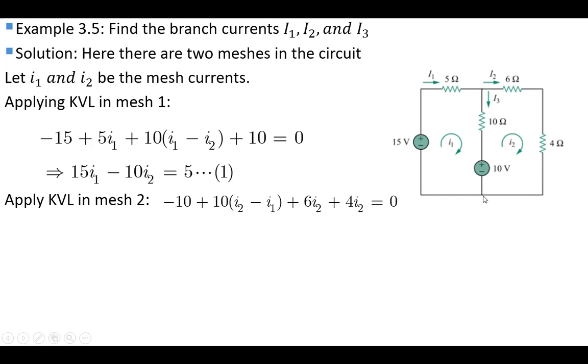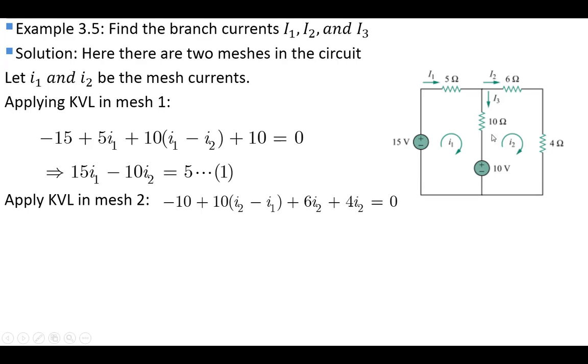We started from this point. We encountered the 10 volt battery source, and we know its voltage is 10 volts, so we read only the first polarity we encountered, that is negative, so this is minus 10.